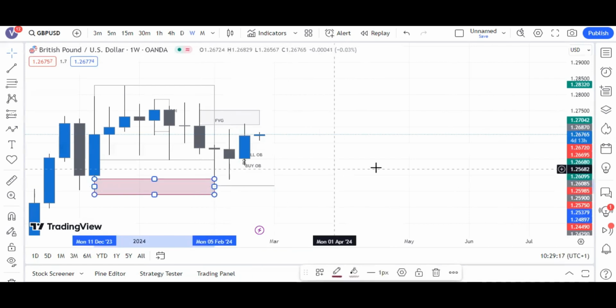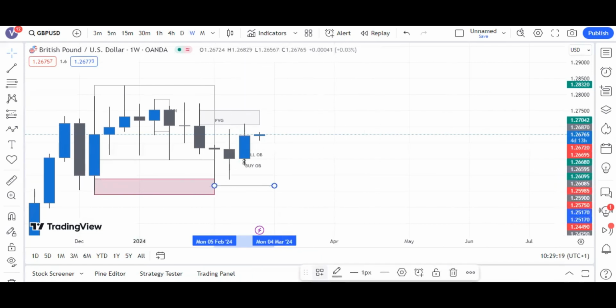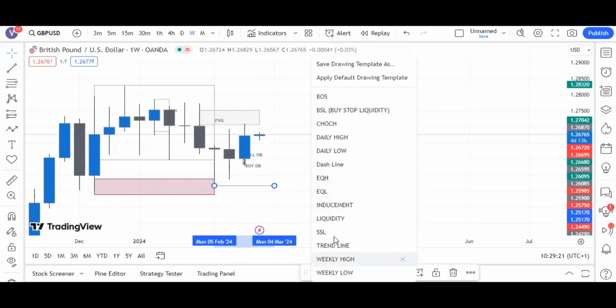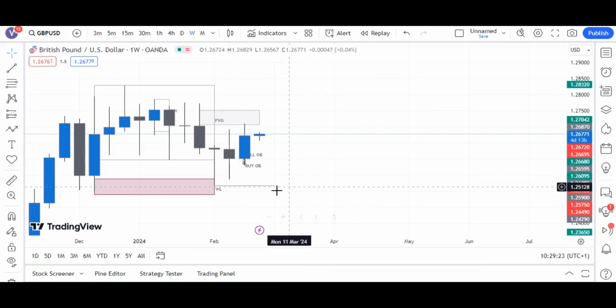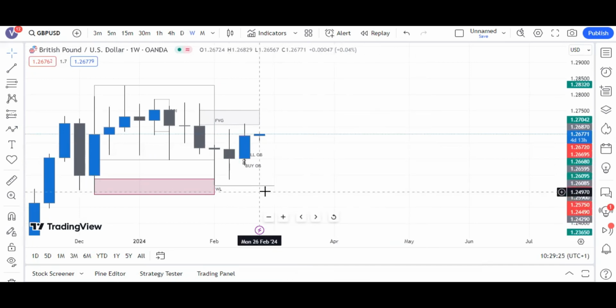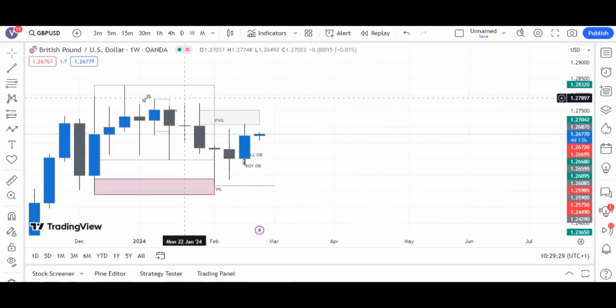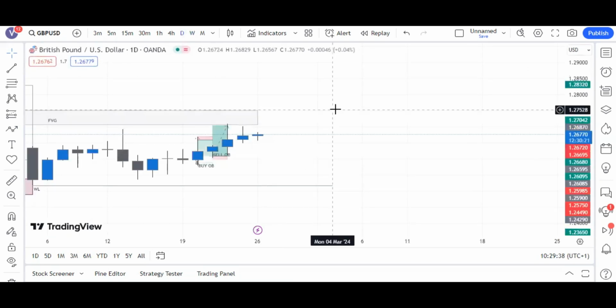So we'll call this the weekly low, right? Call this the weekly low, and obviously the high. Sorry, guys, but I'll not mark out the high now. Man, I'm really sorry.